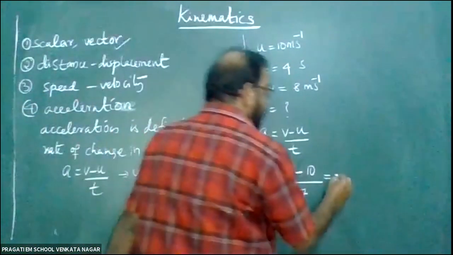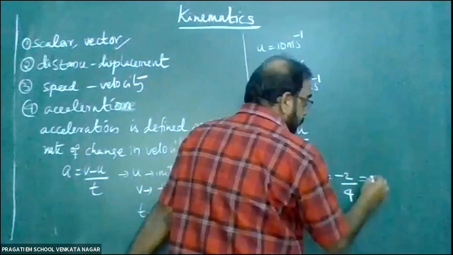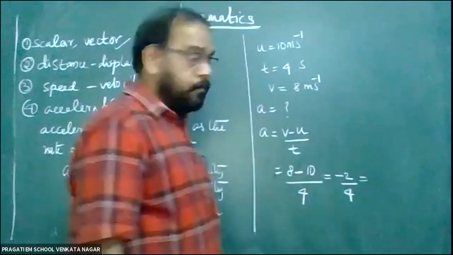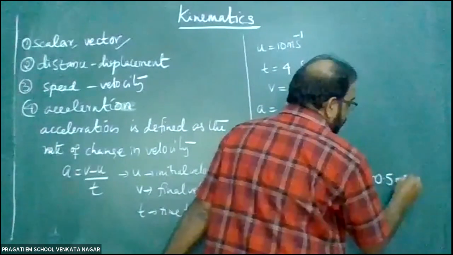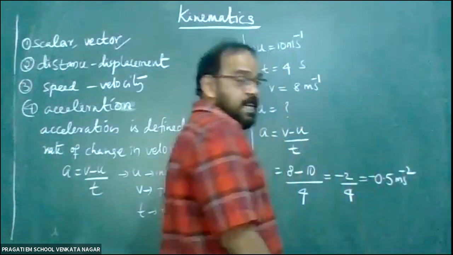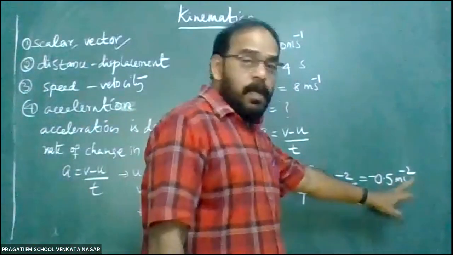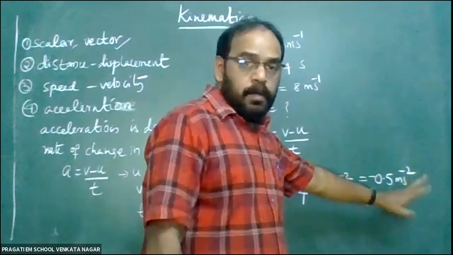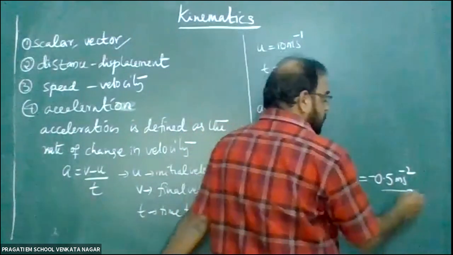It is minus 2 by 4, or minus 1 by 2. It is minus half, or minus 0.5 meter per second square. Acceleration unit also, as I said, again I remind you, write the units always. Your final answer must be with the unit.